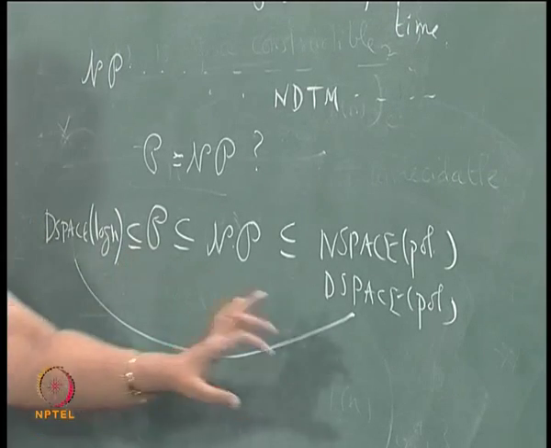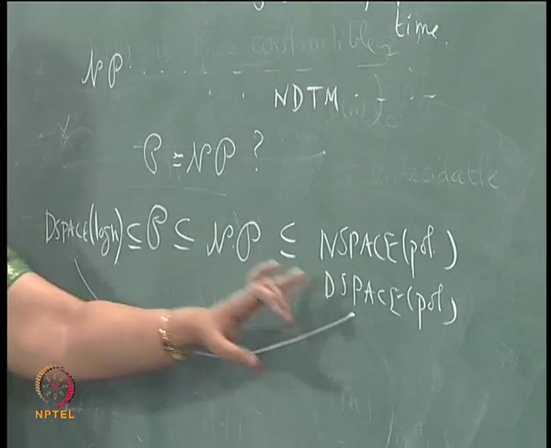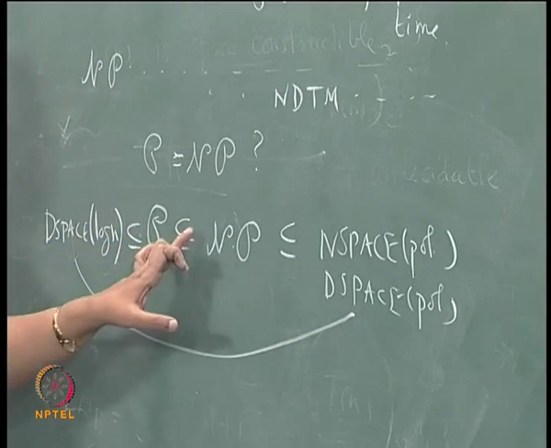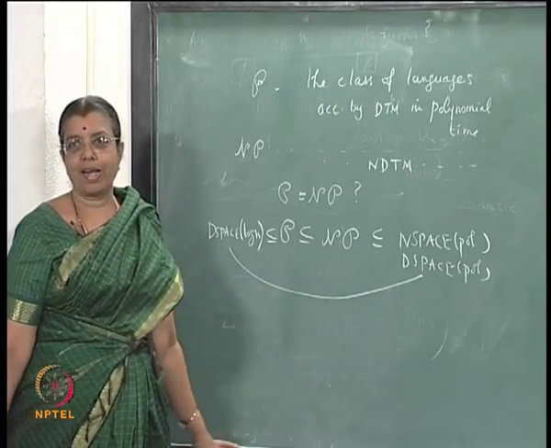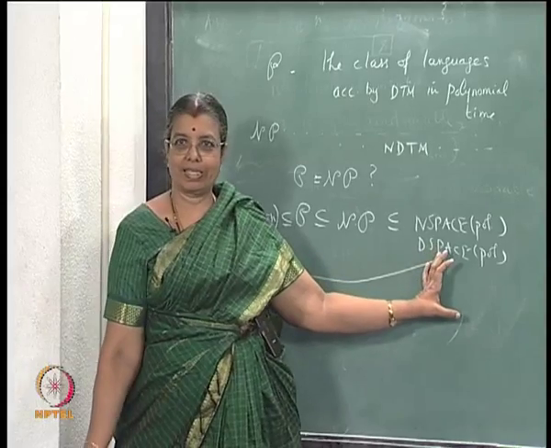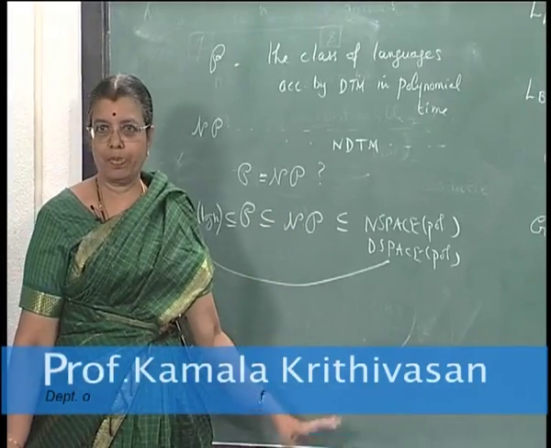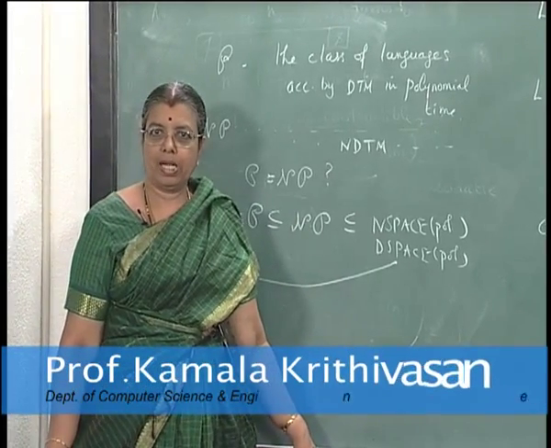But these inclusions, whether they are proper or not, we do not know. But at least one must be a proper inclusion, because this one is properly included in this. It looks as though this is a proper inclusion, but it has not been proved, right.